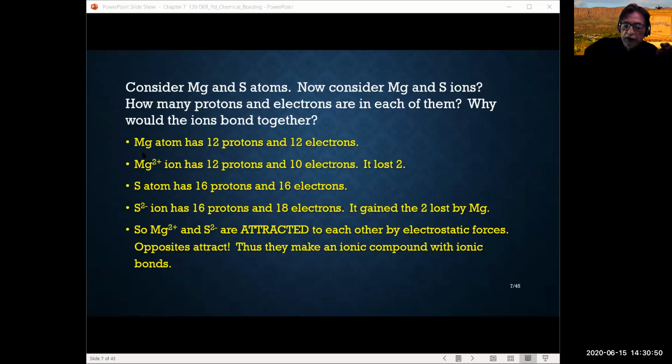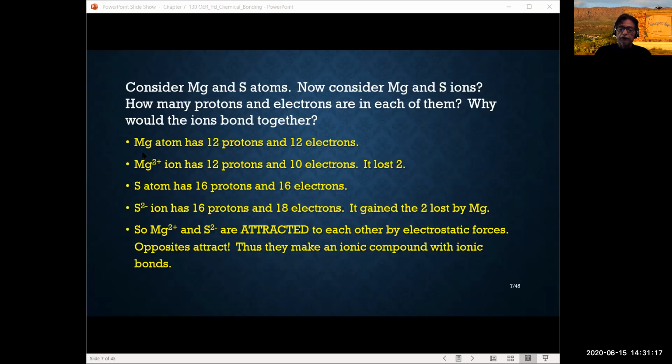I said the sulfur atom, when it becomes the -2 ion, the name changes to sulfide. Okay, so the sulfide ion still has 16 protons, but it now has 18 electrons. So the net charge is -2.